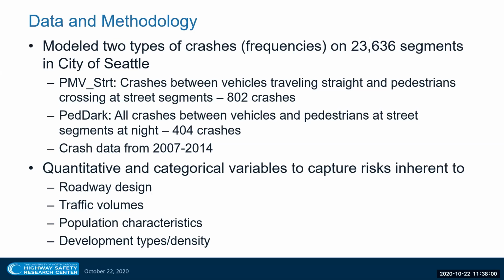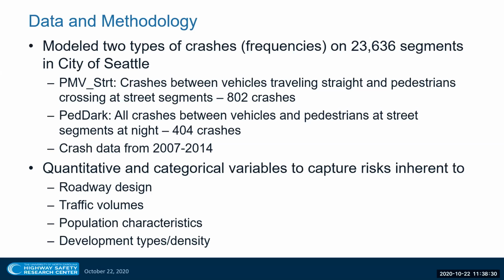And through just a data and analysis of the crash data, we discovered that crashes involving motor vehicles going generally straight ahead and pedestrians crossing at non-intersection locations or along segments, that type was both high frequency, and it also tended to lead to more severe injury outcomes compared to all crash types.